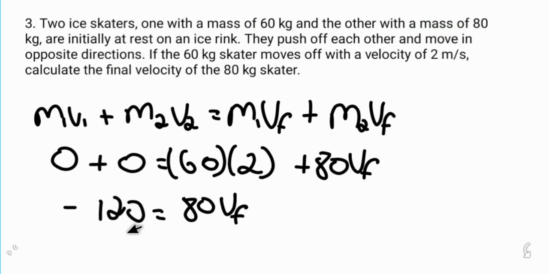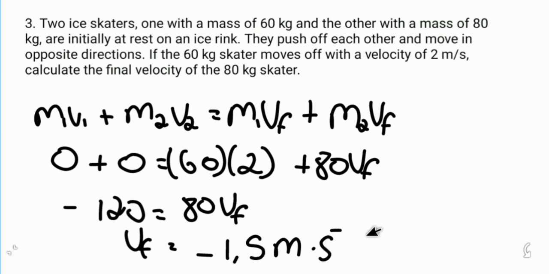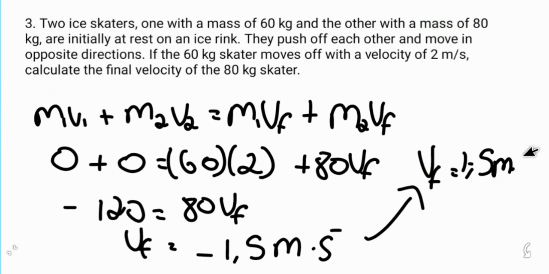Let us divide both sides by 80. So the final answer is negative 1.5 meters per second. Since it's negative, that means the 80 kg skater was moving to the left with a velocity of 1.5 meters per second.